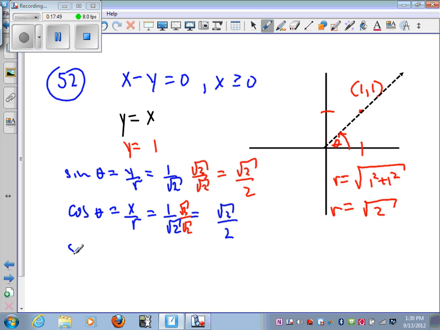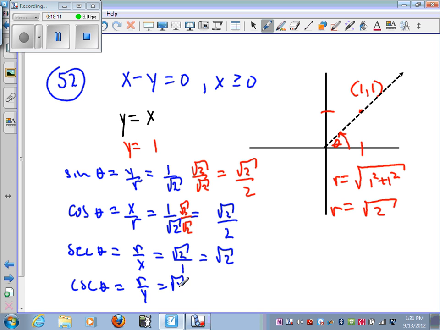If we go secant, that's r over x, and that's going to be the square root of 2 over 1. So that's a square root of 2. And then cosecant is r over y. That's the square root of 2 over 1, which is the square root of 2.